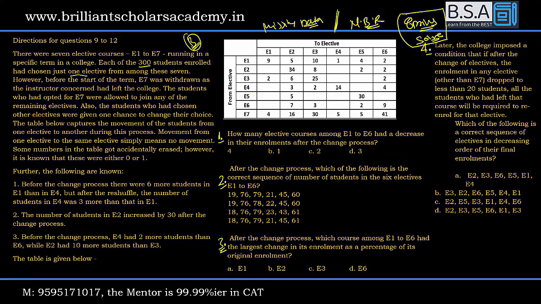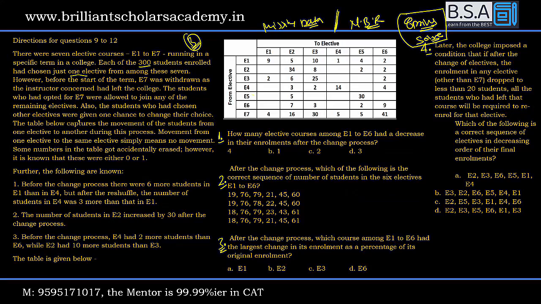However, before the start of the term, E7 was withdrawn as the instructor concerned had left the college. The students who had opted for E7 were allowed to join any of the remaining electives. Also, the students who had chosen other electives were given one chance to change their choice.